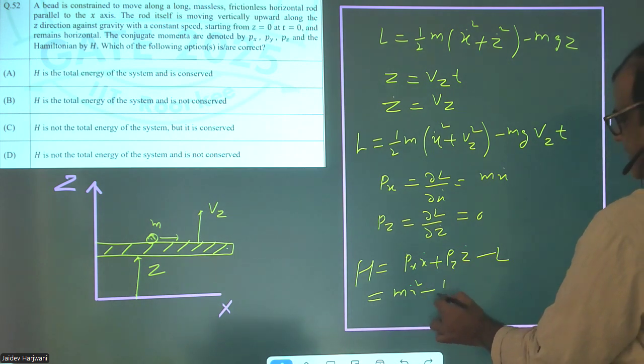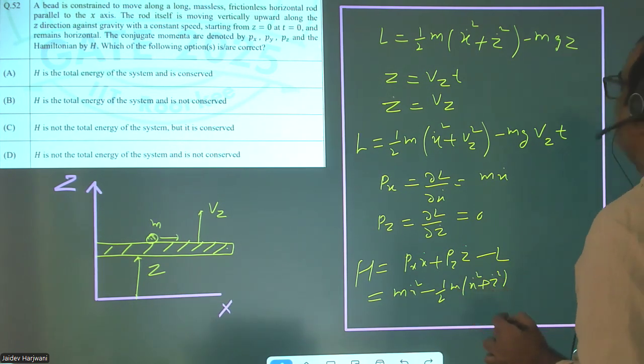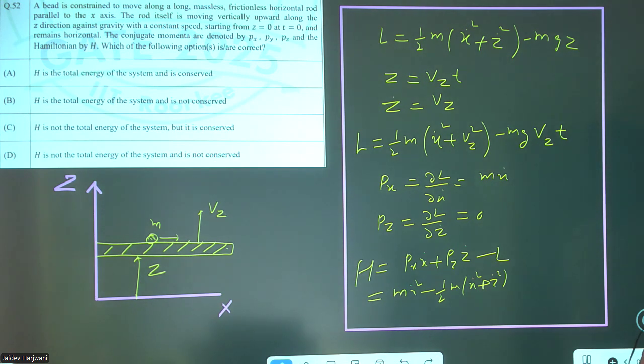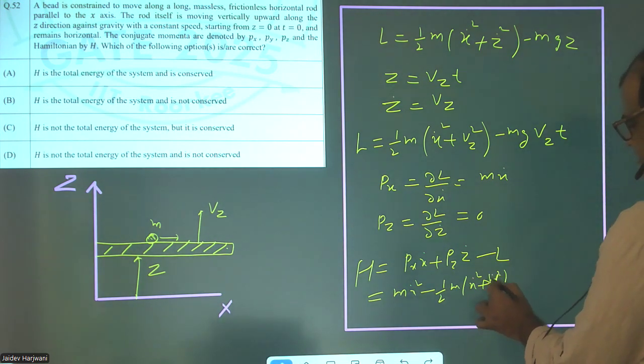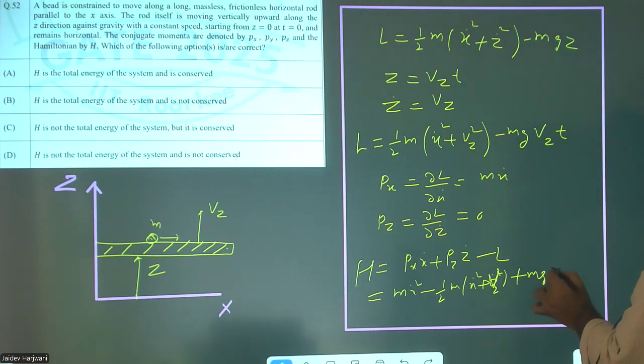L is again half m x dot square plus half m vz square, where vz is constant, and minus mg vz t.